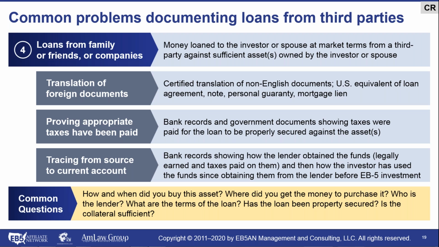Mm-hmm. Well, I think one of the things we might want to elaborate on is that for the long time that we've had this program, USCIS was convinced that if a person is using a loan for their EB-5 investment, so if they took a loan from a third party and invested that money into EB-5, that loan had to be personally guaranteed by assets that amount to at least as much as the loan was.